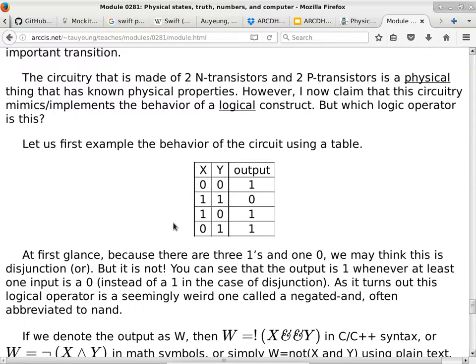So it's kind of like AND, right? Because when you look at logical AND, the only time that you get a 1 out of a logical AND is when both inputs are true. All of the other cases will end with false. This is almost like that, except it's flipped.